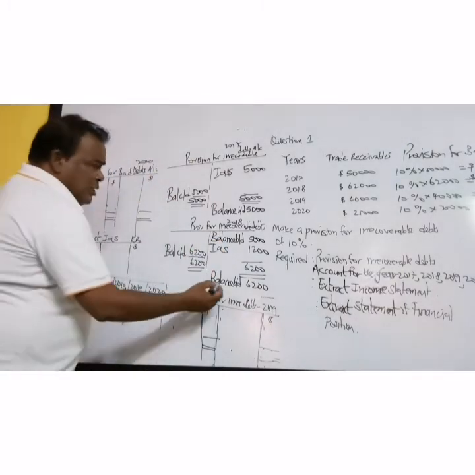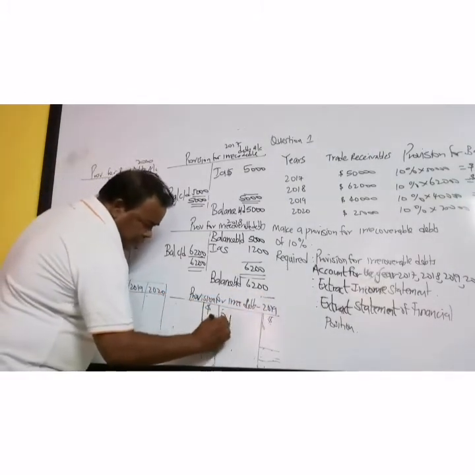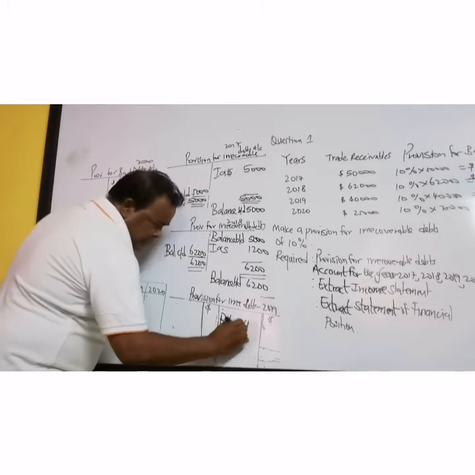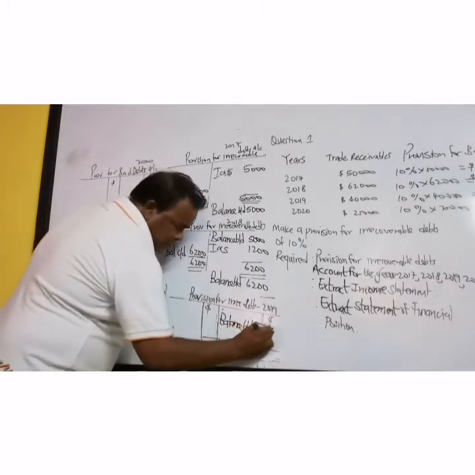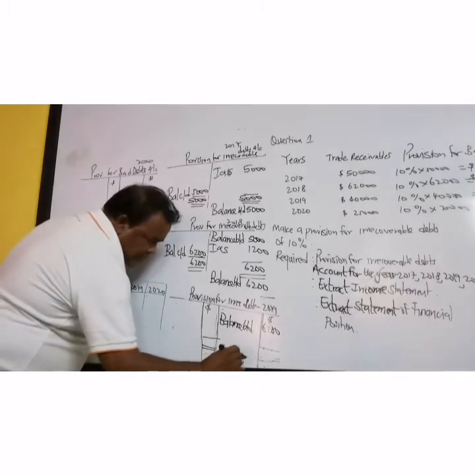So the closing balance for 2018 will become the opening balance for 2019, 6,200, and the closing balance for 2019.